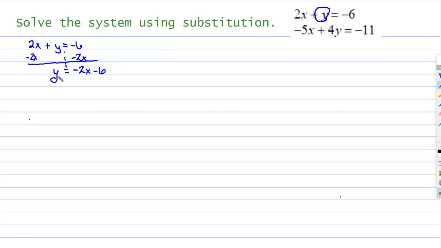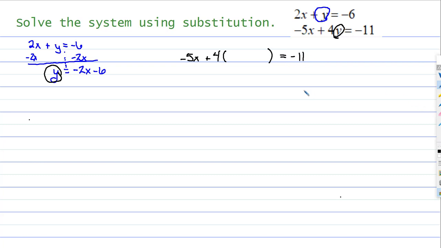We're going to substitute that equation everywhere we see a y. So when we look at this next one, we're going to look at that y and replace it with -2x minus 6. So let's look at the equation: -5x plus 4 times our y is equal to -11.